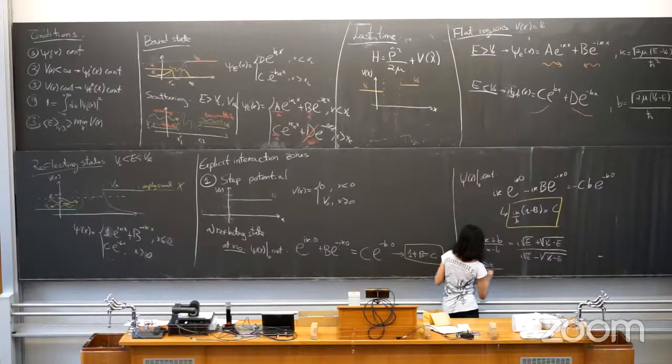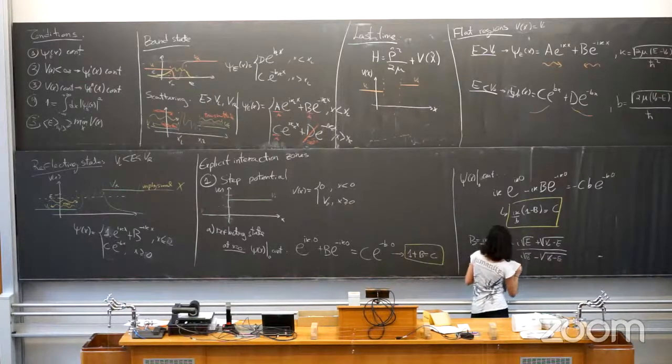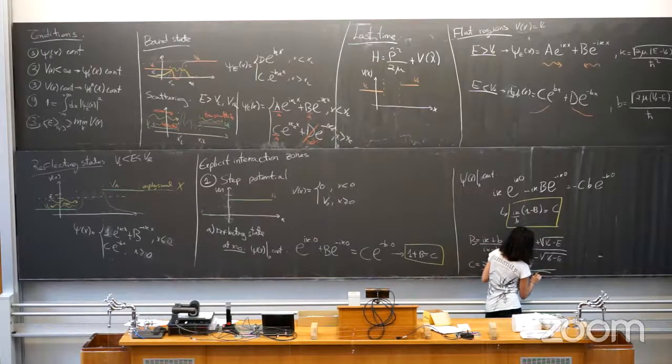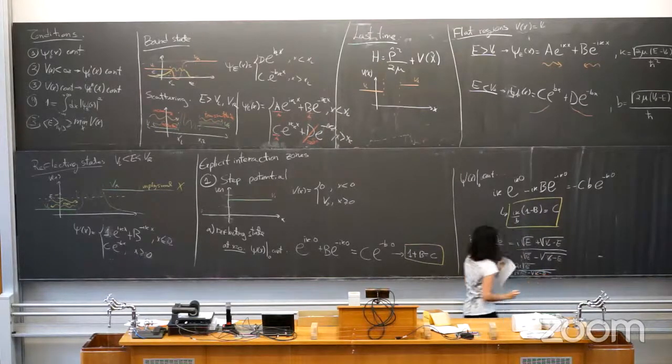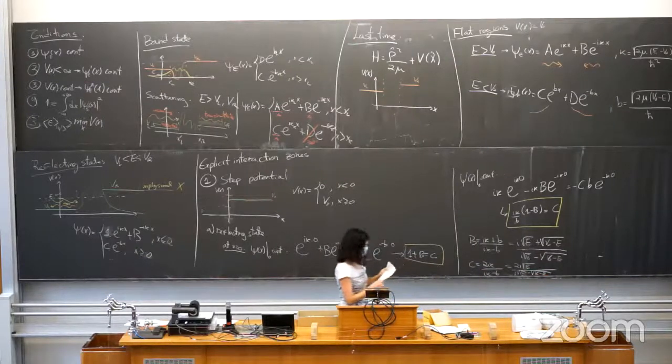Ik minus b. This is 2i square root of e, square root of e, minus v0 minus e. It's not super important.